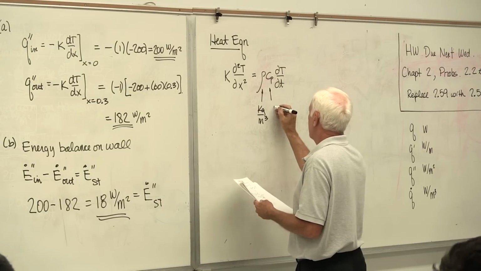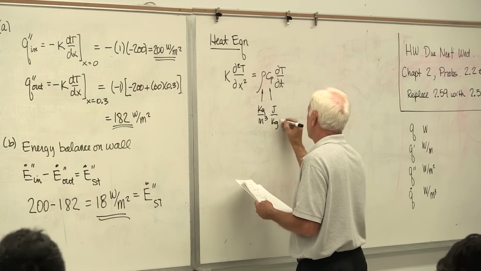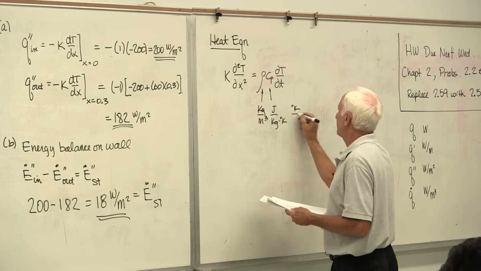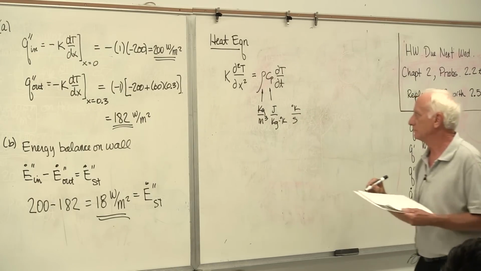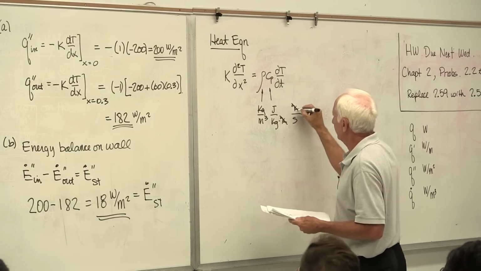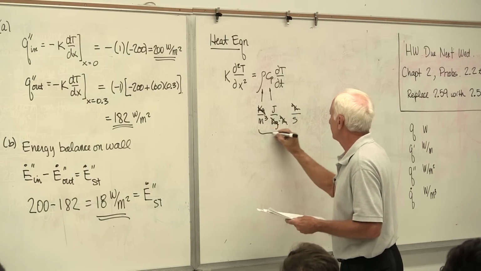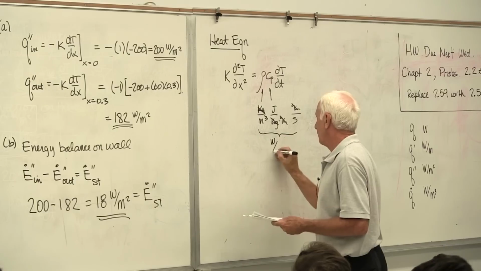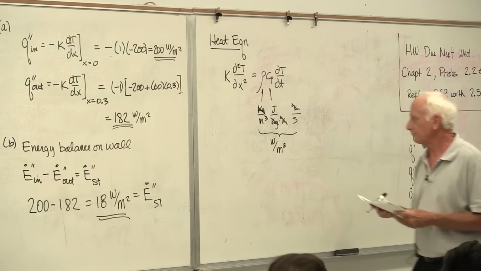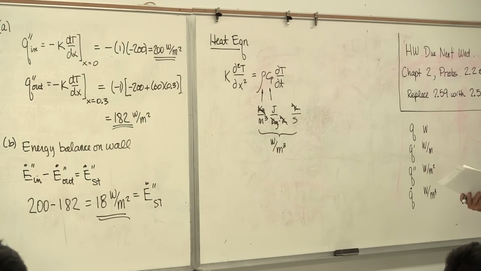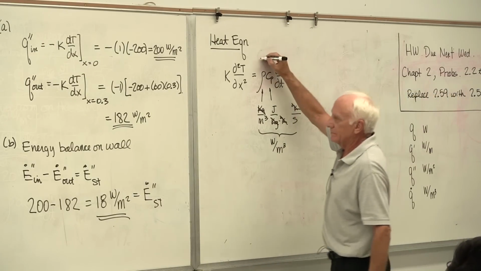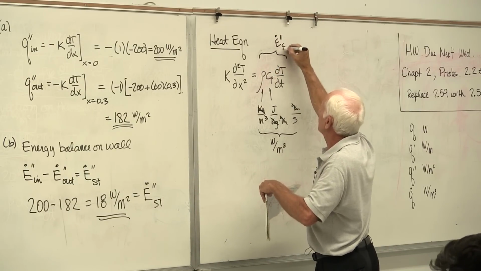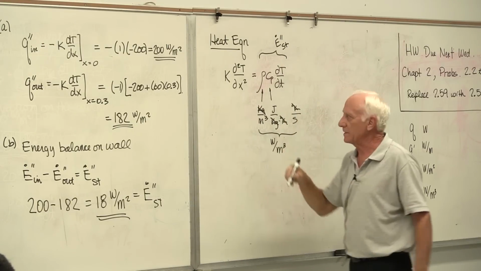Cp is in joules per kilogram K. Temperature in degrees K. Time in seconds. Cancel, cancel, cancel, cancel. This is joules per second, watts, watts per cubic meter. This is E dot storage.